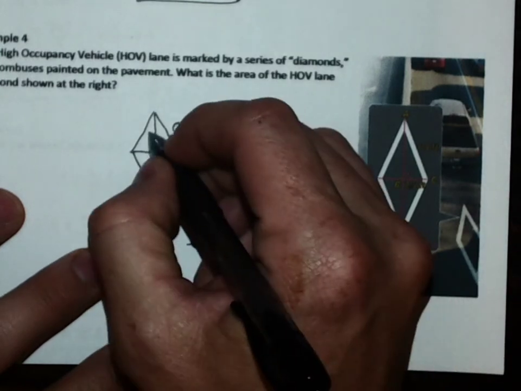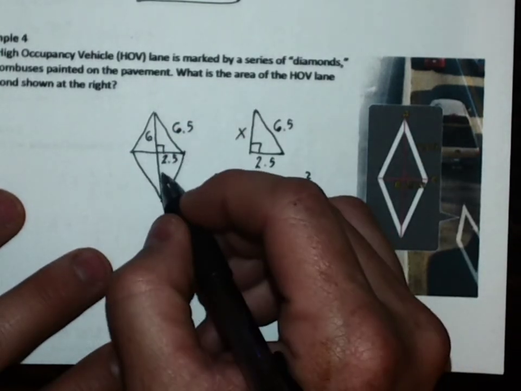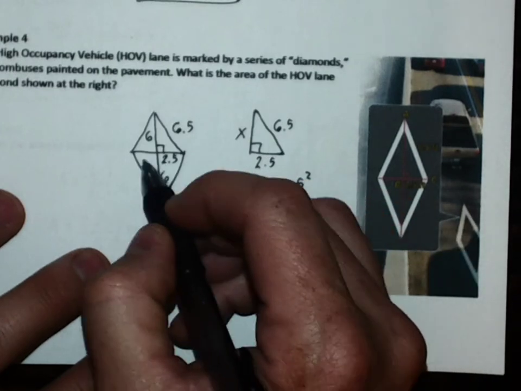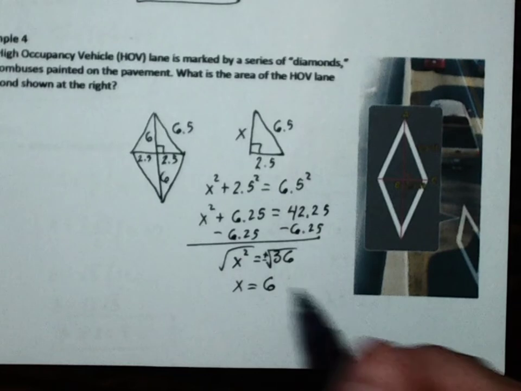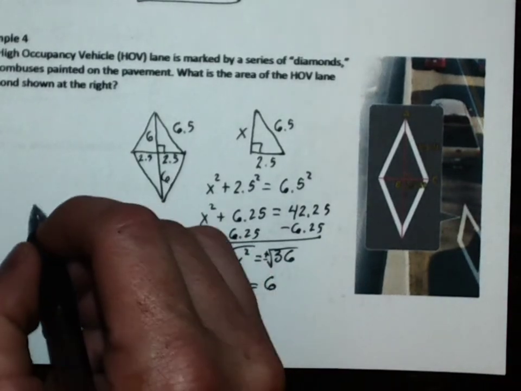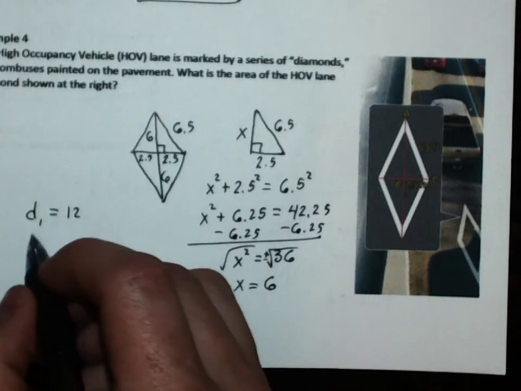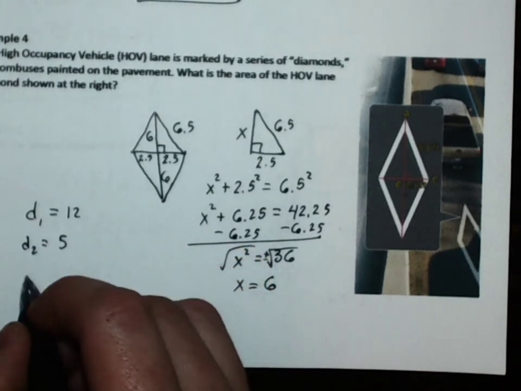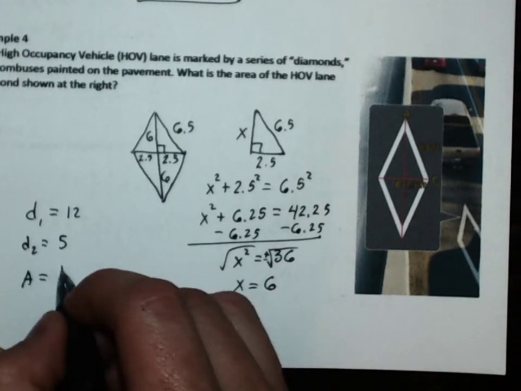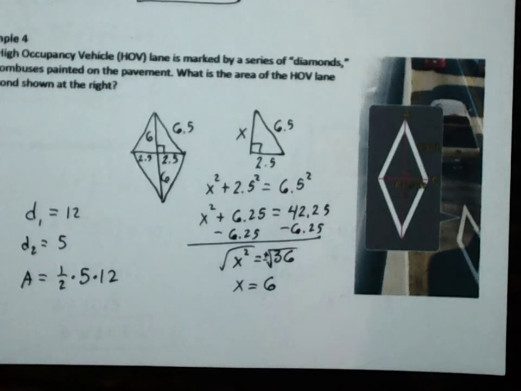So we know that this distance is 6. If this is 6, then this is 6. If this is 2.5, this is 2.5. So we have everything we need to be able to find out our diagonals. Diagonal 1 is going to be 12. Diagonal 2 is going to equal 5. So the area is going to equal 1/2 times 5 times 12.